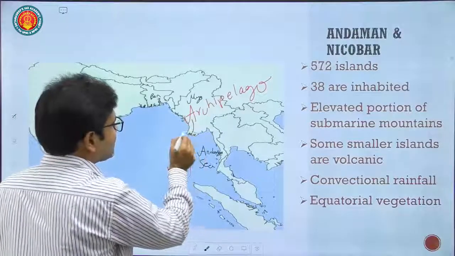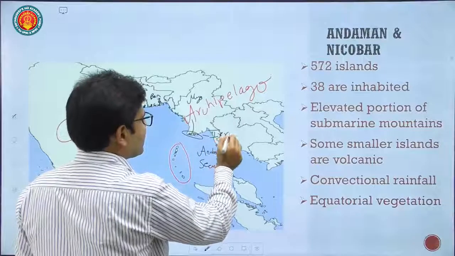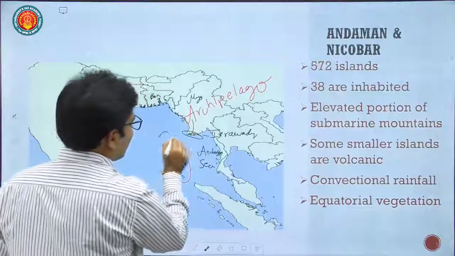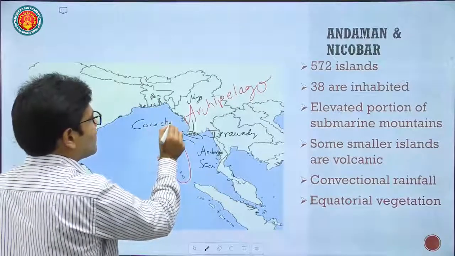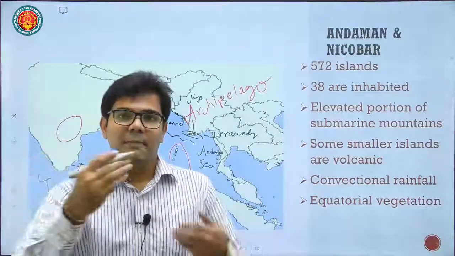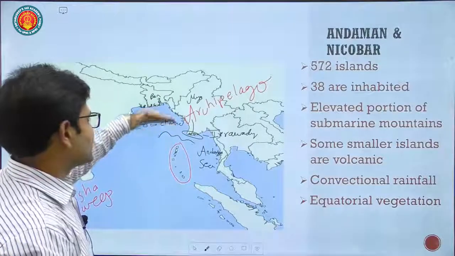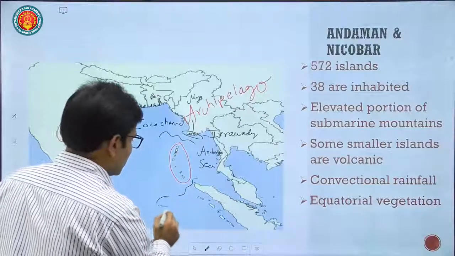Here is the mouth of the Irrawaddy River, the delta of the Irrawaddy River. Then we have the Coco Channel. The Coco Channel separates Myanmar from the Andaman and Nicobar Islands. So the northern extreme is the Coco Channel and the southern extreme is called the Great Channel.